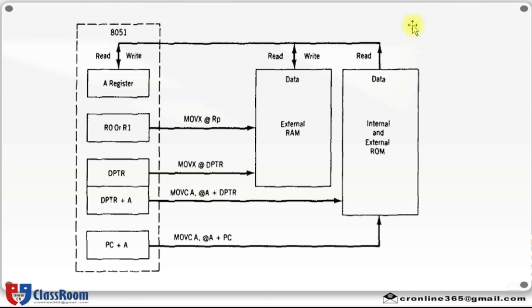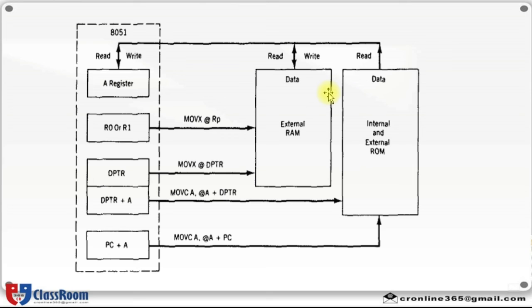This is the detailed diagram showing indexed addressing mode. Indexed addressing mode can be dealt with the register A, R0 or R1, DPTR plus A or program counter plus accumulator. If we are using the MOVX instruction, that means we are accessing data from an external memory location.